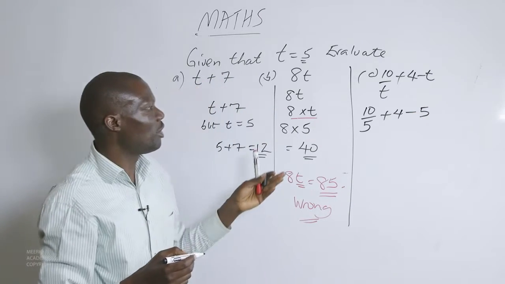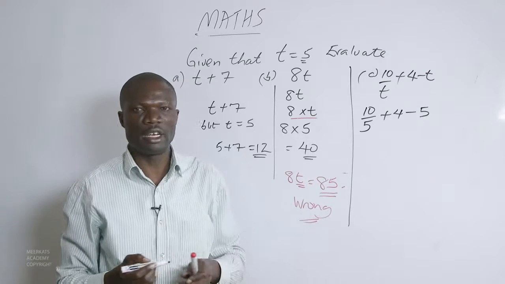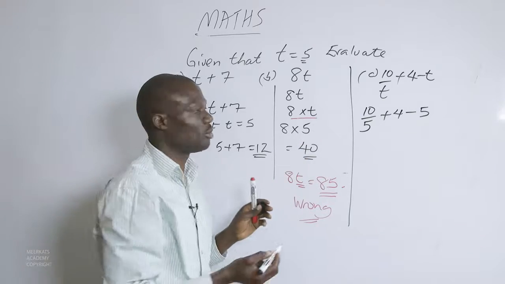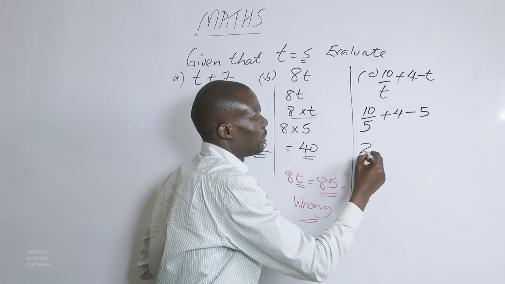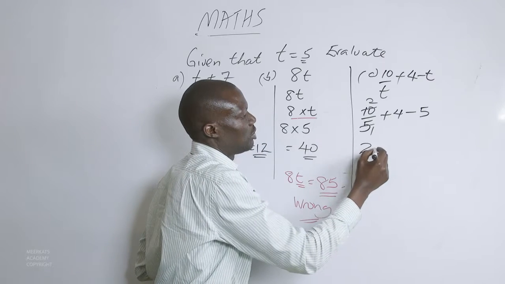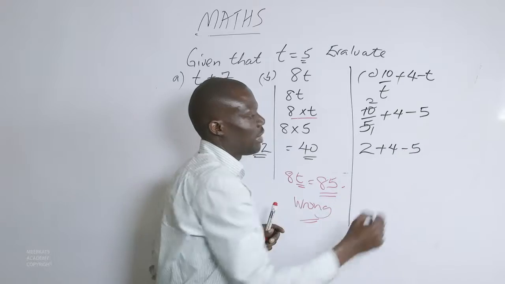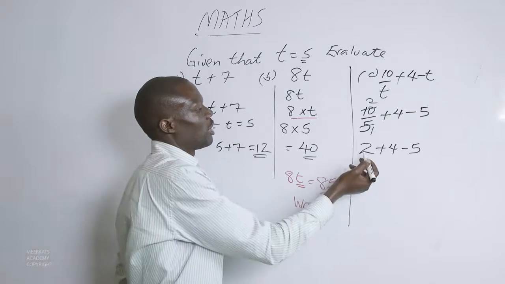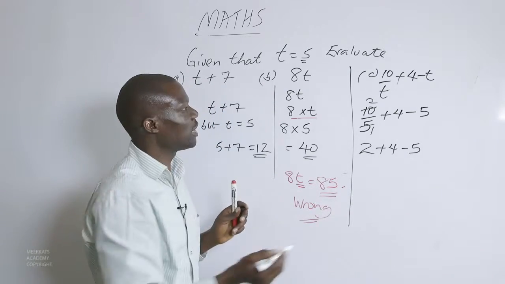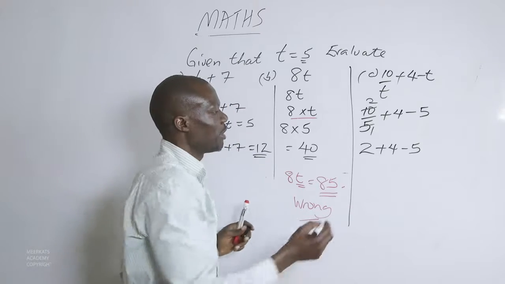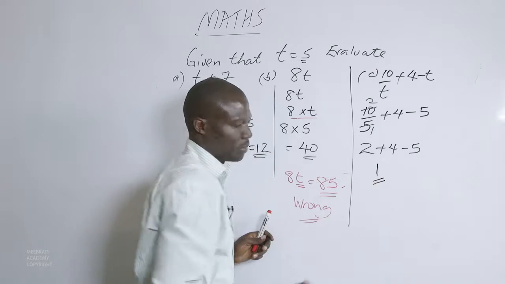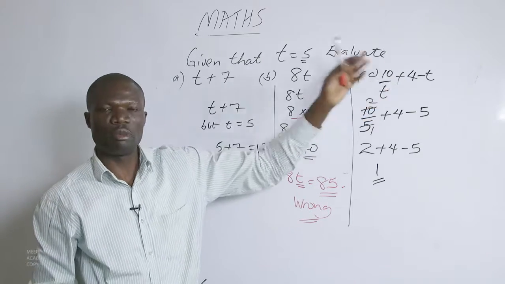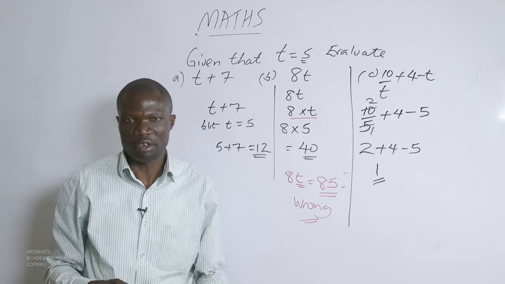So we now have one as a fraction, and others are numbers. 10 over 5, 5 goes into 10 twice, so this is equivalent to 2 plus 4 minus 5. In our operation from the left, we move to the addition first. So 2 plus 4 is 6, 6 minus 5 is 1. We find that the value of 10 over t plus 4 minus t is simply equal to 1.